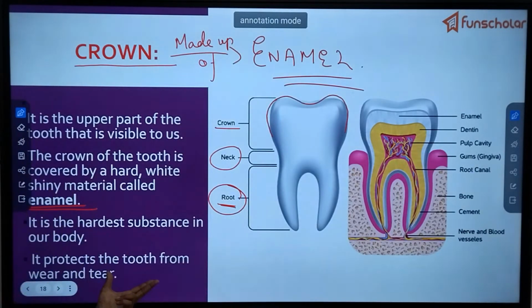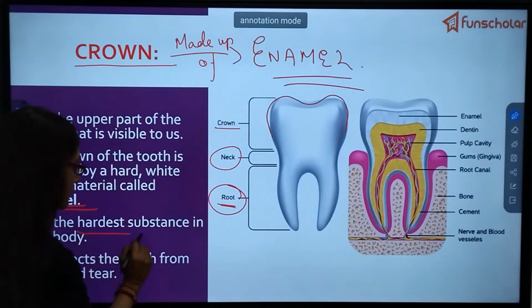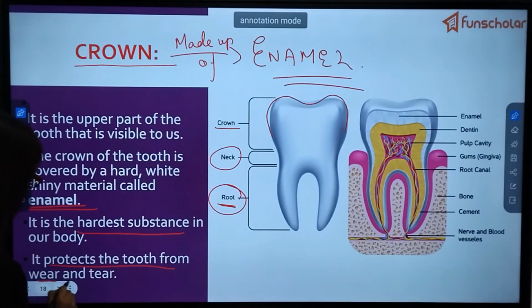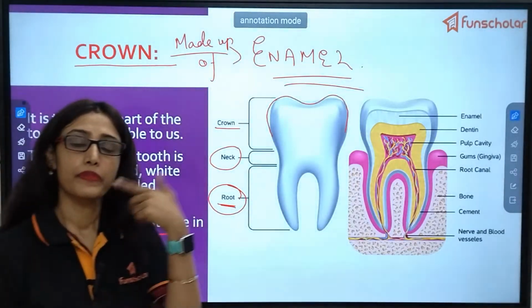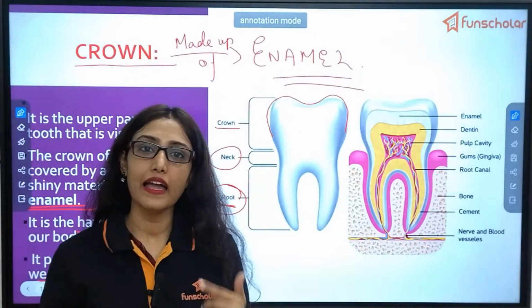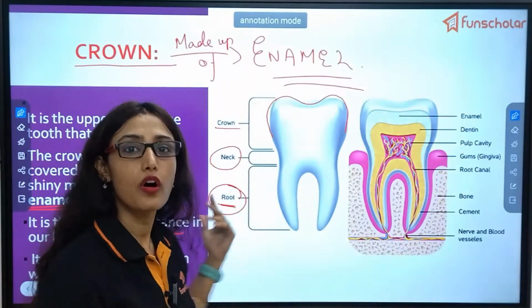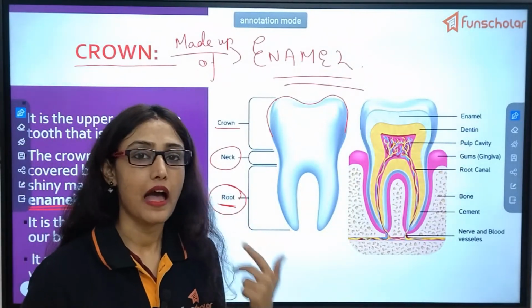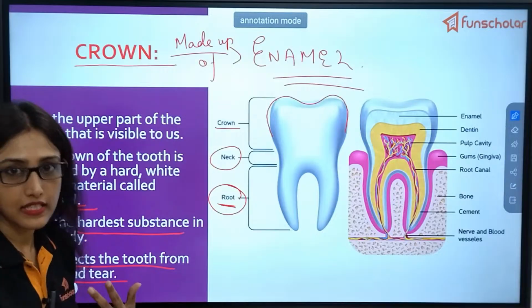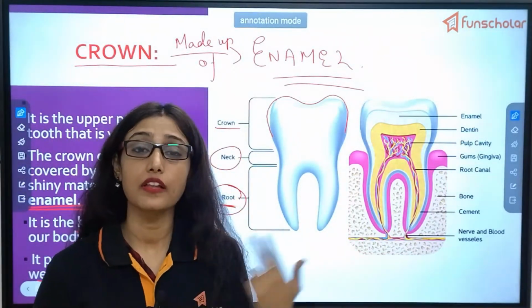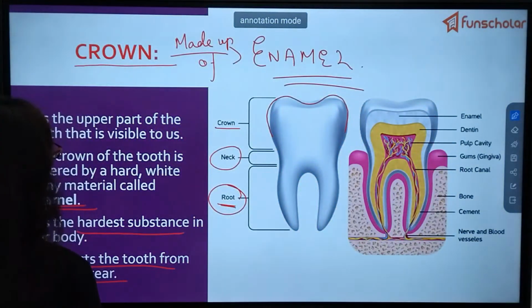It is the hardest substance of our body. I have already told you that it is the hardest one. Why is it hardest? To protect the teeth from wear and tear. You are eating your food from childhood, and the teeth remain with you because of this enamel covering. If the enamel is hampered, tooth decay starts, and then the permanent teeth will fall off. Clear?